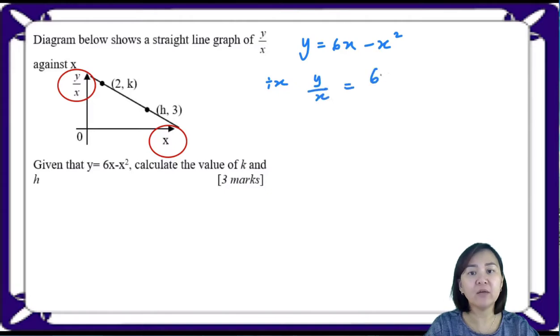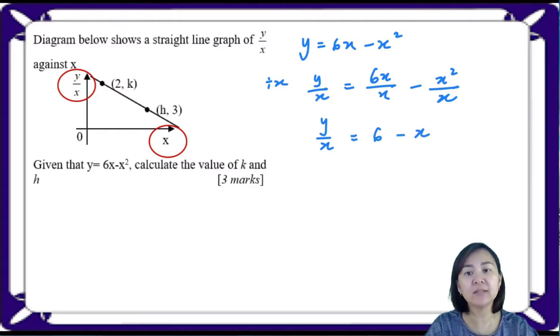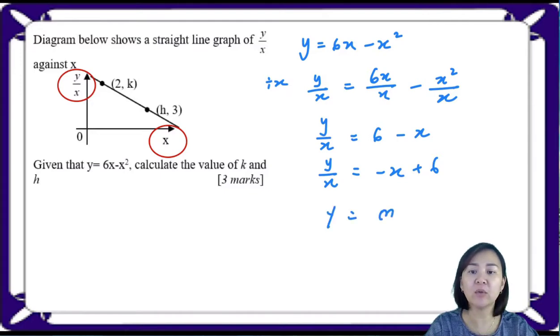After we divide it, we will get the linear equation, which is y over x equal to 6 minus x. Compare it to the linear form, so we have to arrange it into y equal to mx plus c, then compare it to y equal to mx plus c.